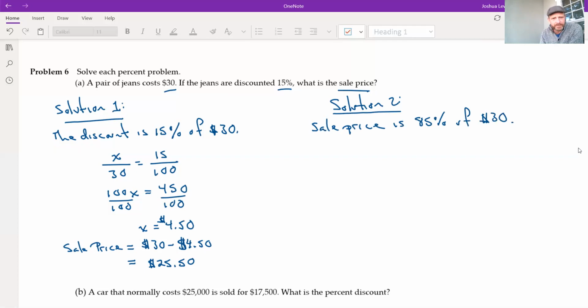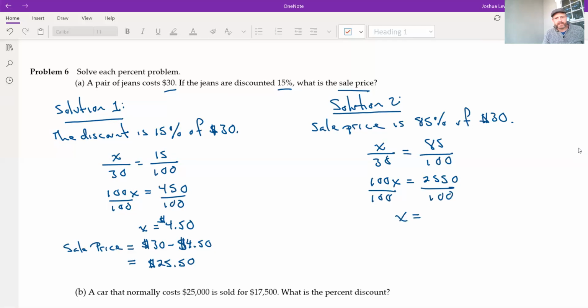And so what happens now is I have is over of, so x over 30 equals percent over 100. And so 100x equals, and again, if you need to, take a moment and grab a calculator. And then we divide both sides by 100. And so we get, hey, what do you know? 25.50.